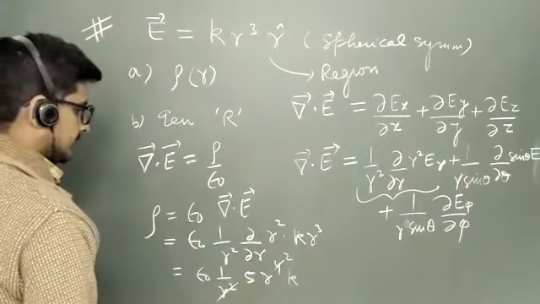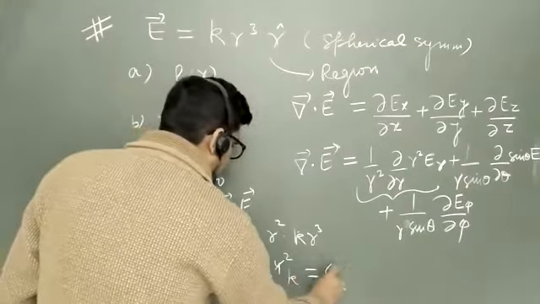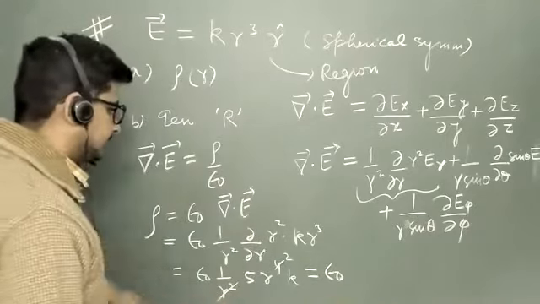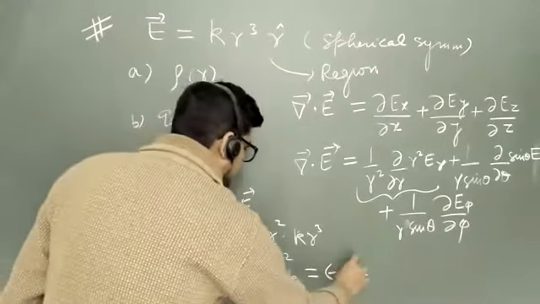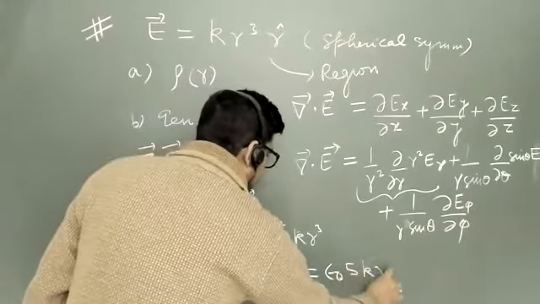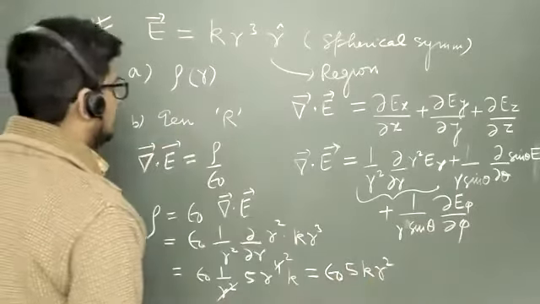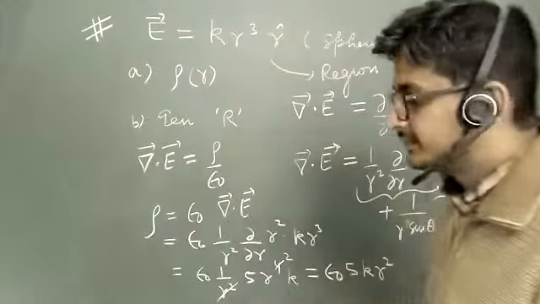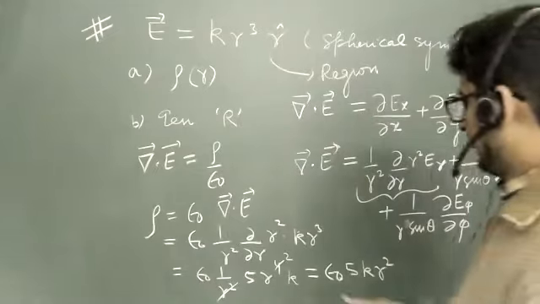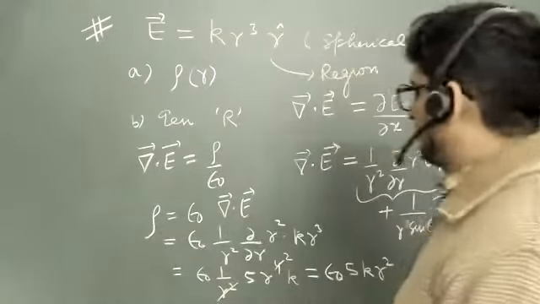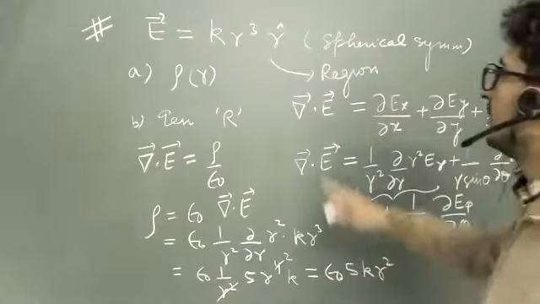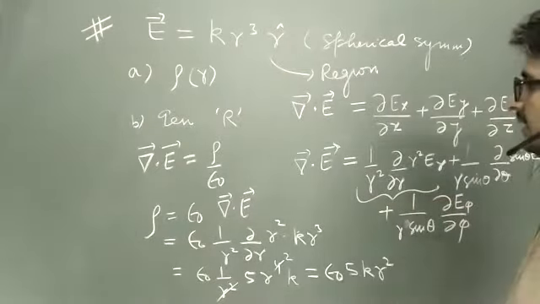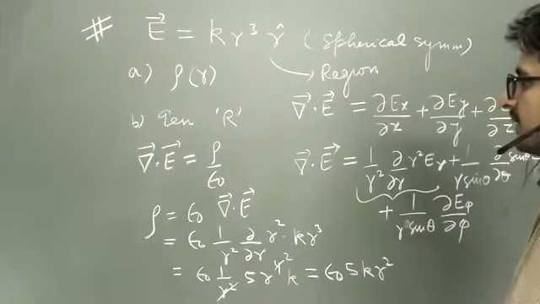It will become epsilon naught 5 K R square. So this is the density. So field was proportional to R cube, and rho is proportional to R square with this profile. Is this okay?